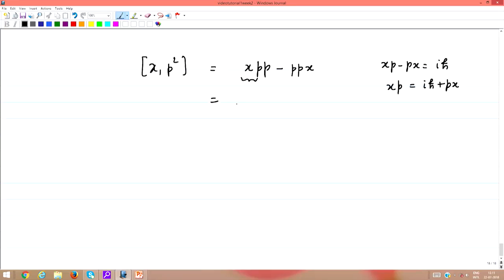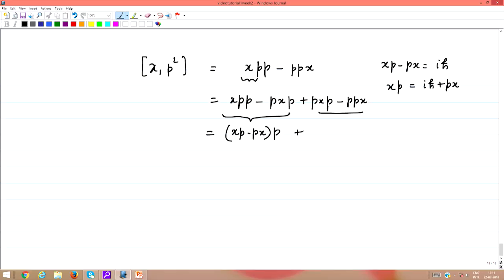So, to solve that, what we can do is to write x p p minus p x p, and let us add p x p again and do minus p p x. Now, look at this: this is x p minus p x on p, and this is p on the left hand side, x p minus p x. Therefore, you know the answer, this is i h bar p, and this is i h bar p. So, the answer is 2 i h bar p.